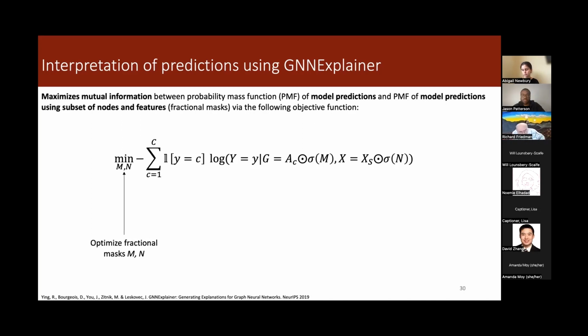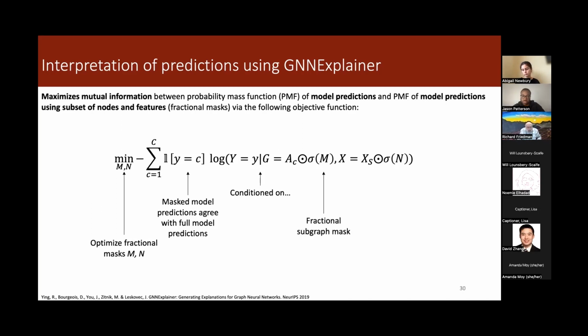And we are minimizing the difference between the original predictions of the model and the prediction of the model when we mask out certain edges and we mask out certain features. So very intuitively, you can imagine if you mask out or you remove certain nodes and the prediction doesn't change too much, that means that those nodes are probably not important. But if the prediction changes drastically, then you know that those nodes are important. And so you can calculate an importance score proportional to this effect.